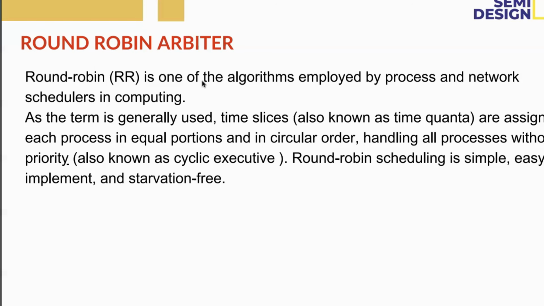If any master does not need access to the resource in that particular cycle, then the next master gets the priority and the bus, so it is able to do its transactions. Simply, this is round robin arbitration. Have you understood, everyone?